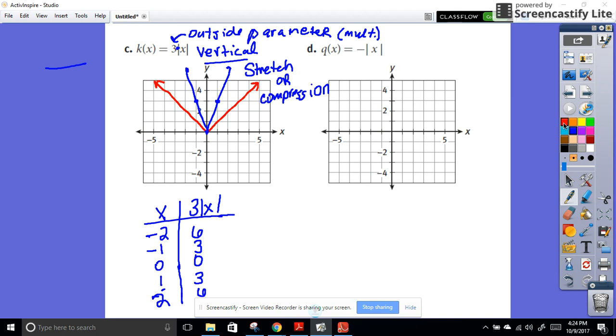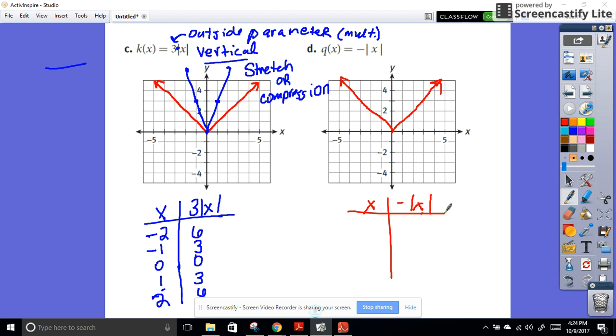So we're going to put the parent function back on there. You should be getting very used to what the absolute value parent function looks like. Absolute value parent function. And when I do the table for that, a negative on the absolute value.